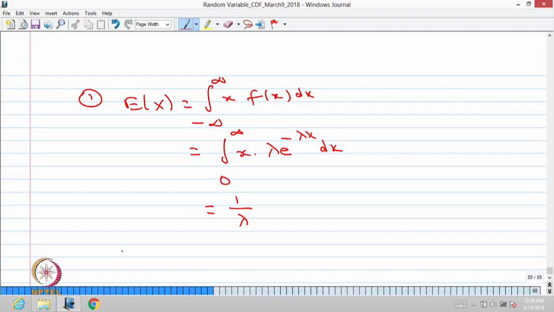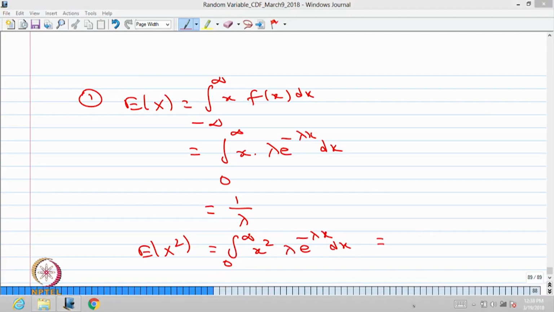One can get the variance. For the variance, you can compute E of x square first in the same way: the integral from 0 to infinity of x square times lambda times e power minus lambda x dx. If you do the simplification, you will get 2 by lambda square.